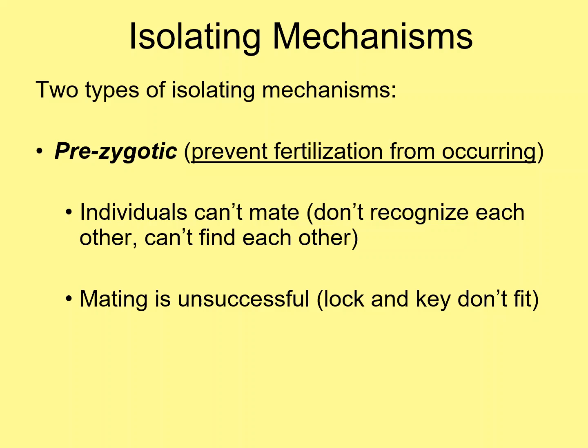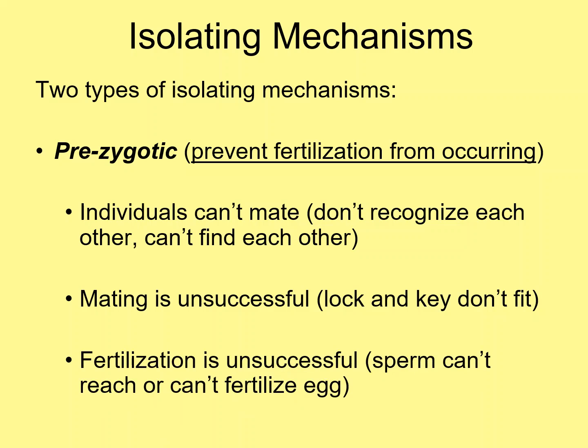If mating is attempted, it's not successful, so there may be some morphological changes that have happened in terms of genitalia, or recognition on the surface, for example, of an egg to where it does not recognize the sperm of the wrong species.